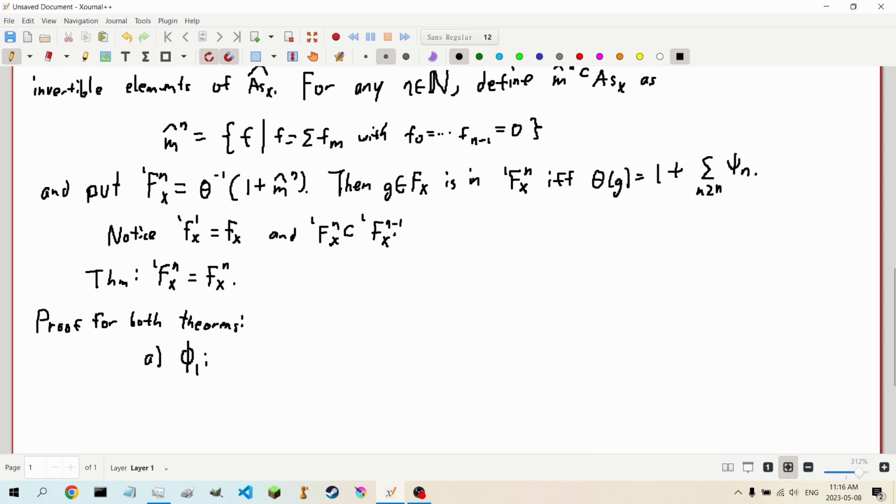So our map from the free Lie algebra to the graded algebra of F(X) is surjective. We get that for free essentially.